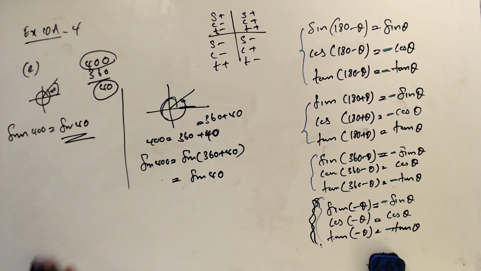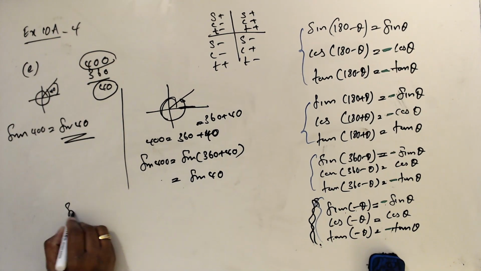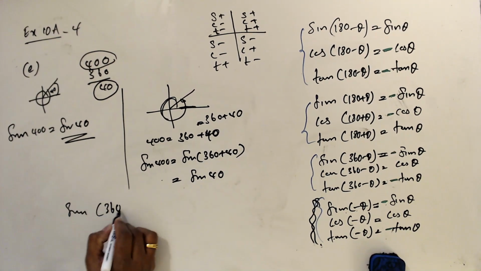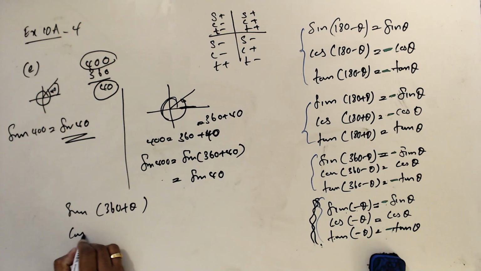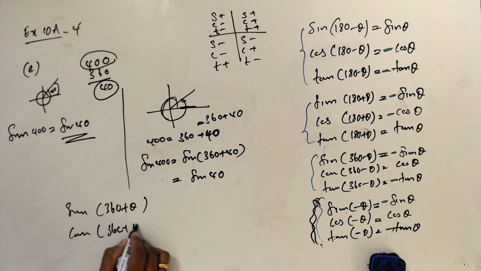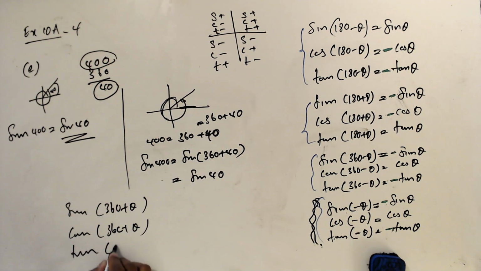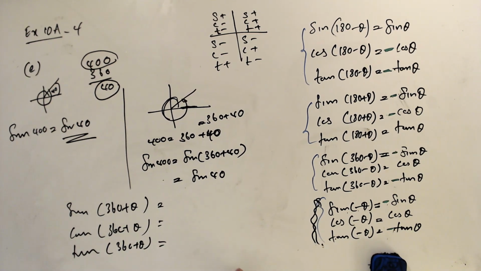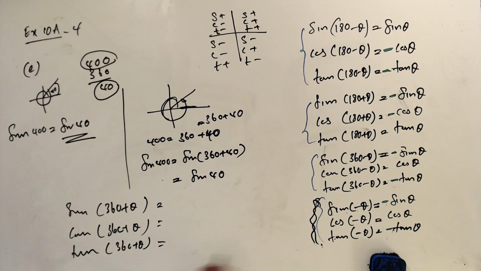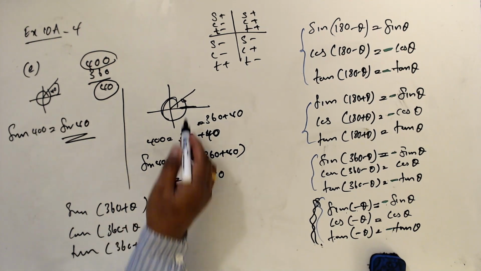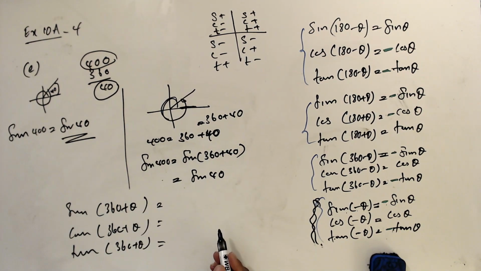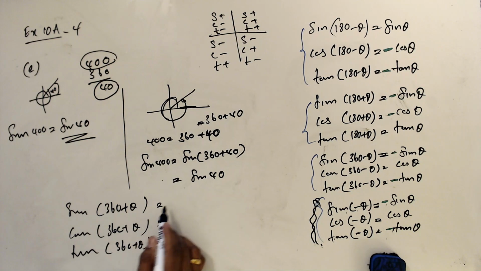Actually, I didn't discuss sine 360 plus theta, cos 360 plus theta and tan 360 plus theta. What will happen? 360 plus theta is in the first quadrant, where all are positive.